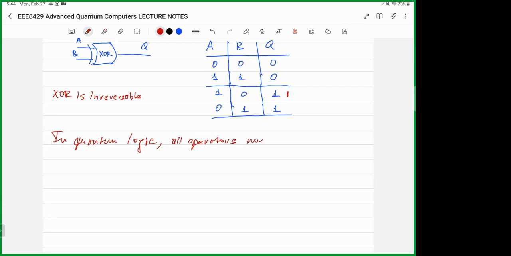It means that the product of the operator by its Hermitian conjugate is equal to 1. So it means that the corresponding gate must be reversible. So all gates must be reversible.